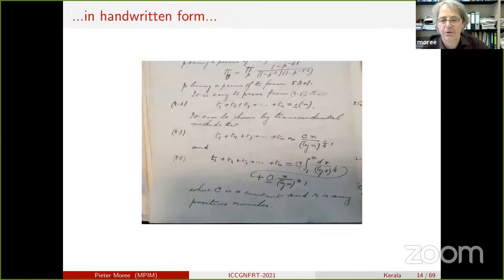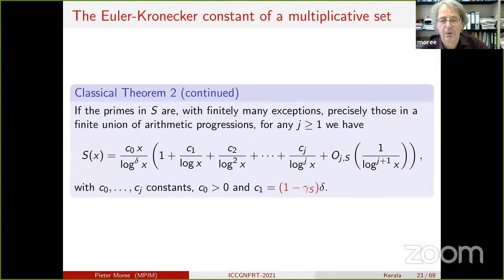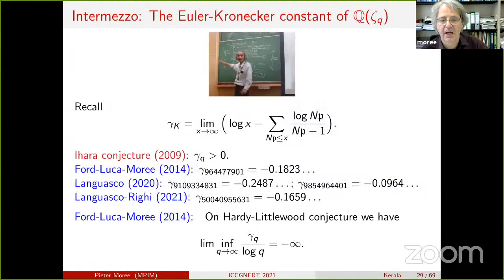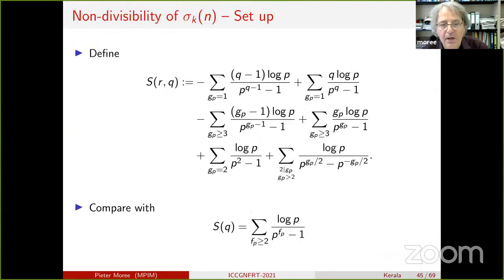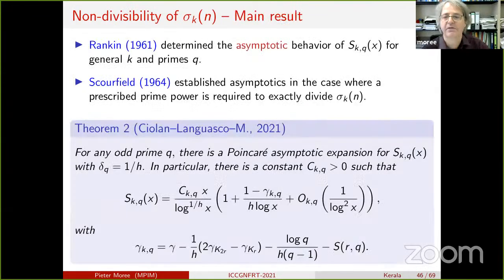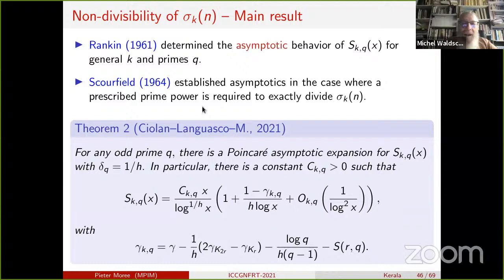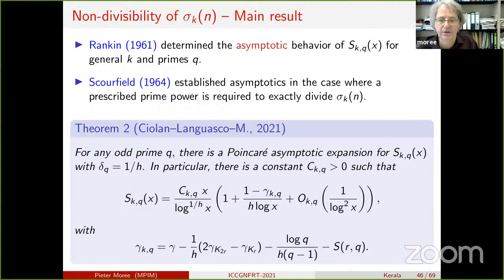No, it doesn't contain that, because I only look at divisibility by a prime q, and she looked at actually prime powers. So you want to say, for example, 691 squared exactly dividing? Exactly. So we don't say anything about that. We just focus on divisibility by q.